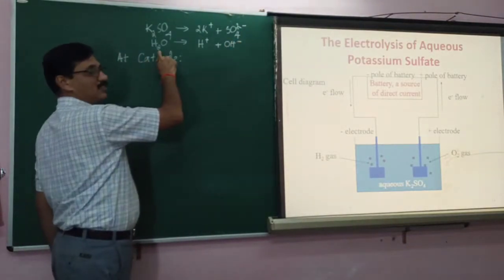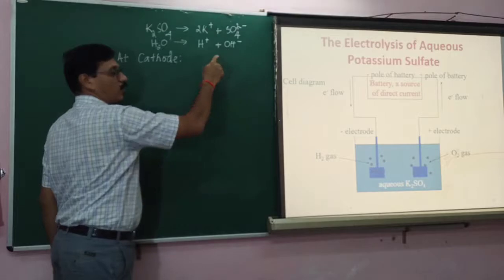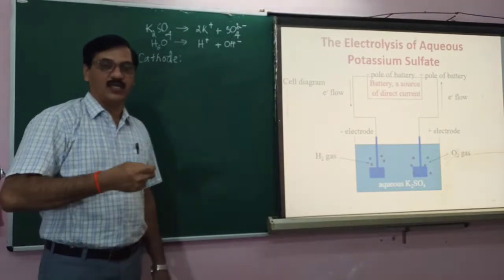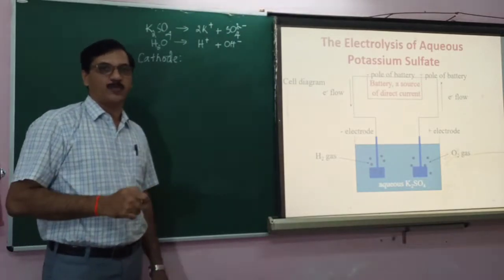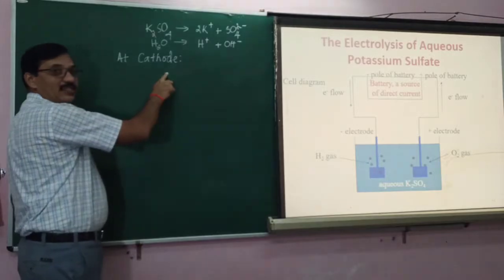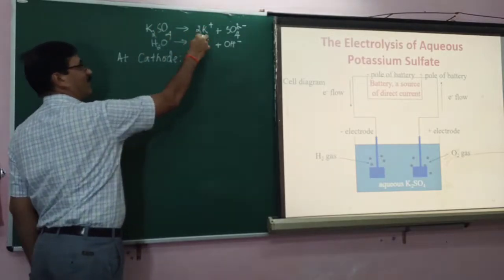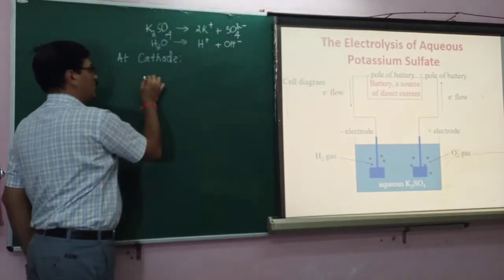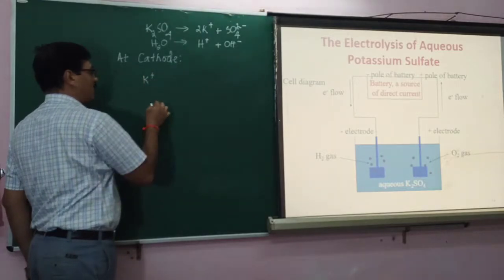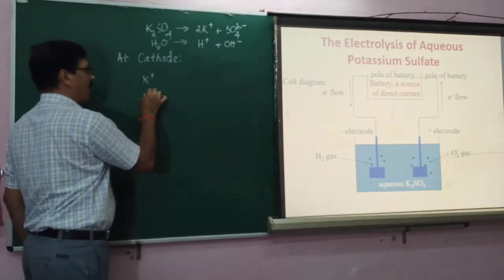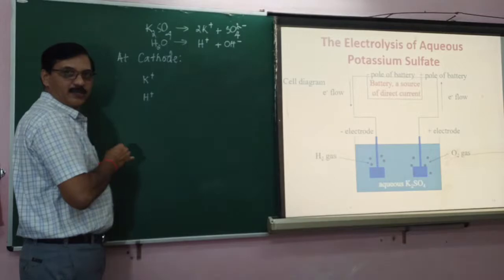Water also consists of H plus ion and OH minus ion, maybe to a lesser extent, but they are also present. Now at the cathode there are two competing cations: potassium ion or hydrogen ion.